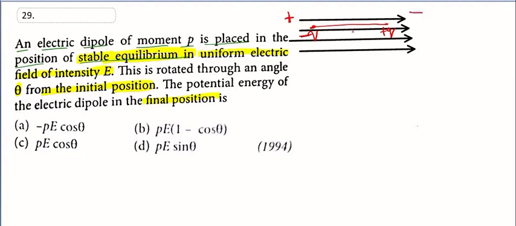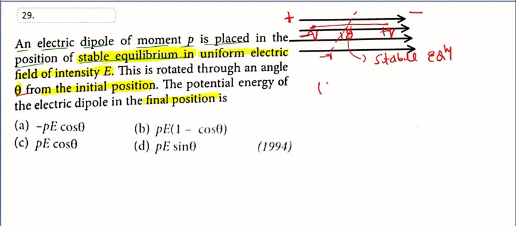So these two are attracted. This condition is called stable equilibrium. Okay, so this is rotated through an angle theta from the initial position, it will be rotated. The potential energy of the dipole in the final position is asked.